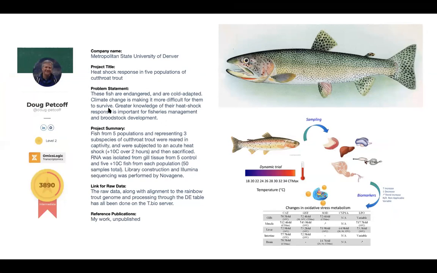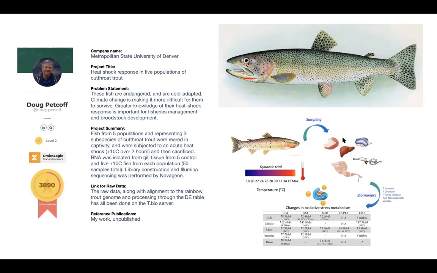This is a heat shock study on cutthroat trout, which is the one you can see down in the little right where your marker is, just to the left of that. They are sister species to rainbow trout, which is a fortunate thing because the rainbow trout is an extremely widespread, economically important species worldwide. So there are a lot of molecular tools, including a genome that's been done for the rainbow trout.